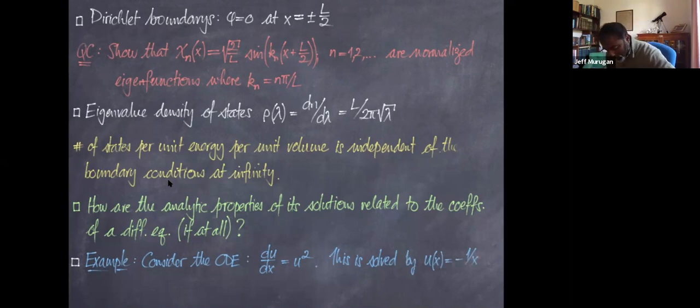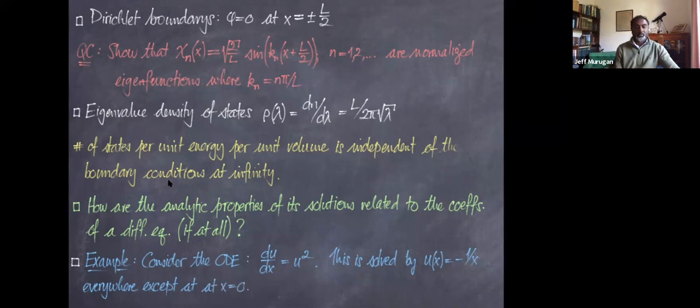And this is a solution everywhere except at the origin, because at the origin, 1 over x blows up. Technically, I have two branches of solutions, one defined on the negative real line and the other one defined on the positive real line, right?